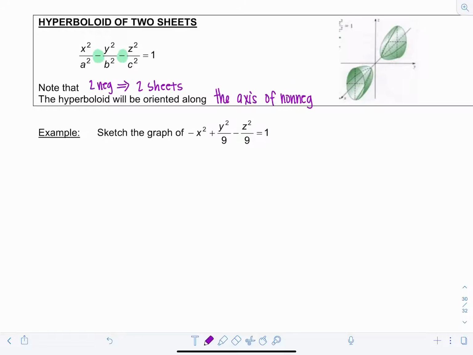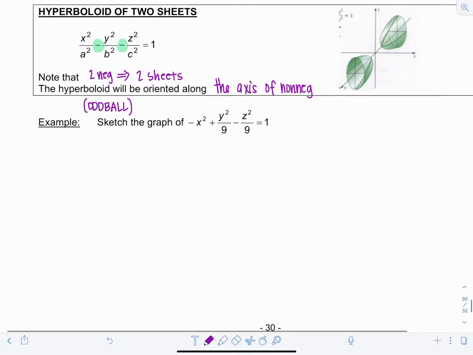So for a hyperboloid of 1 sheet, it was opening up along the axis of the negative term. In this case, it's the non-negative one. It's just going to always open up along the axis of the oddball, right? Whoever's outnumbered. And notice here, this one's opening up along the x-axis, and that's because x squared was the positive one.